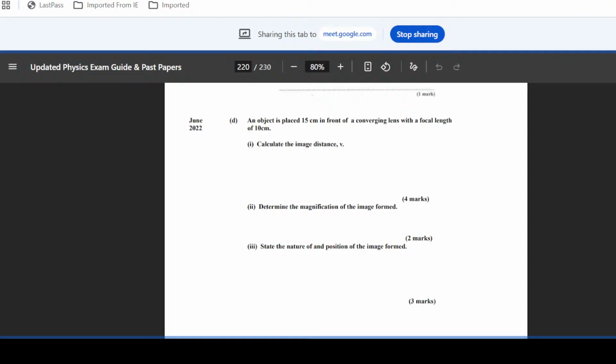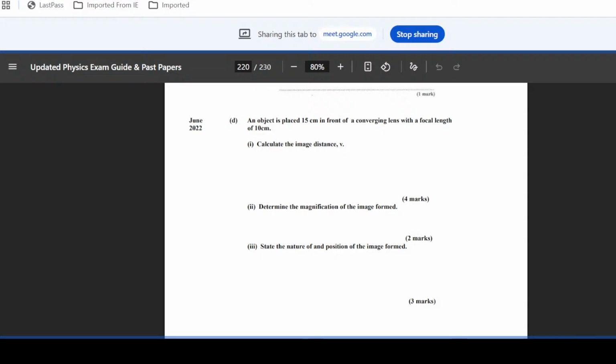15 centimeters. Alright. As the very first question says, calculate the image distance v, so it must mean that the other thing there is u. So the lens equation says, and the focal length is 10, as I said.